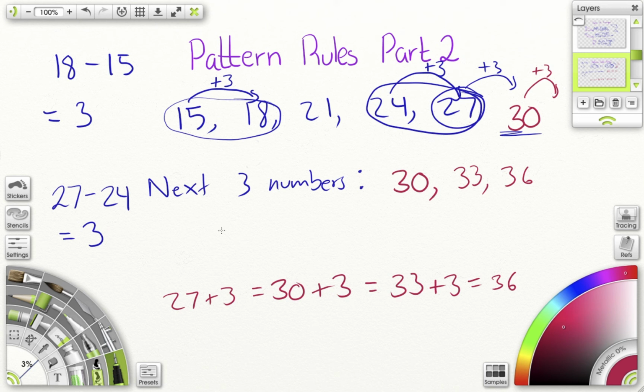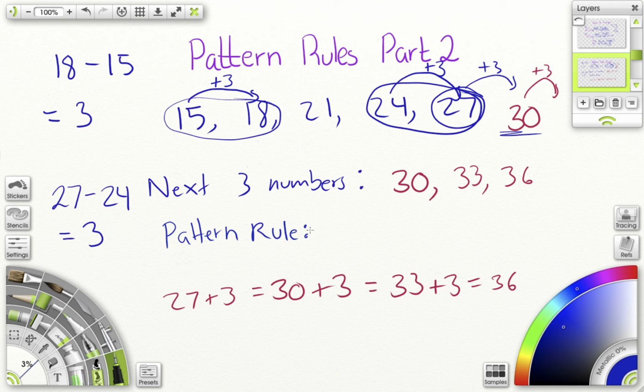The next part is, what is the pattern rule, or what can you tell me about the pattern? I'm just going to write it as pattern rule. Usually on a sheet, it'll either say, what is the pattern rule, or what can you tell me about the pattern, something like that.